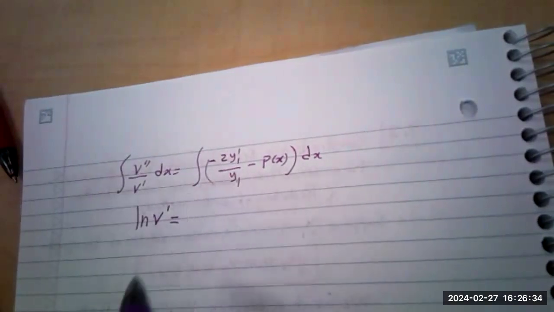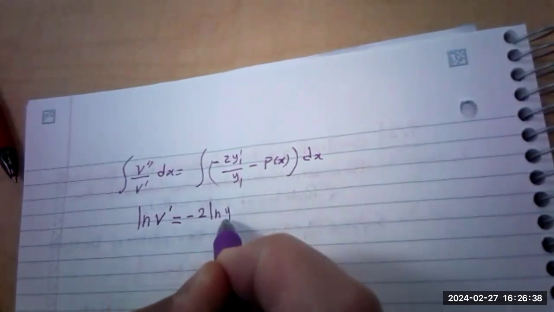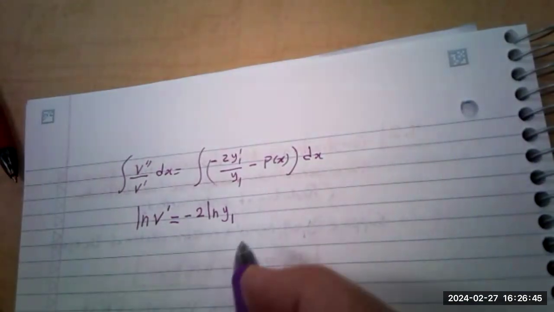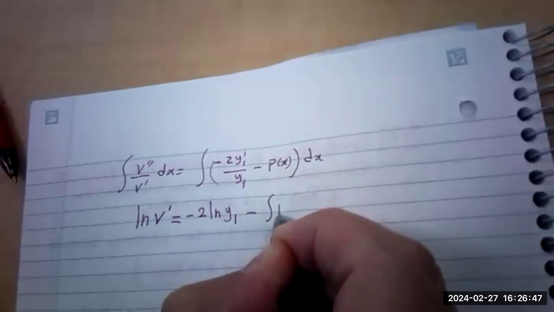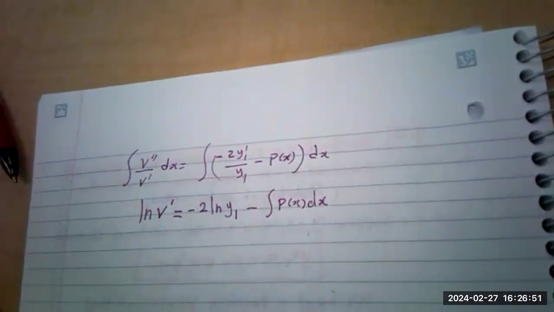First one, negative 2 ln of y1. And we can't do anything about the other part because we don't have p(x). So it's going to be minus the integral of p(x) dx.